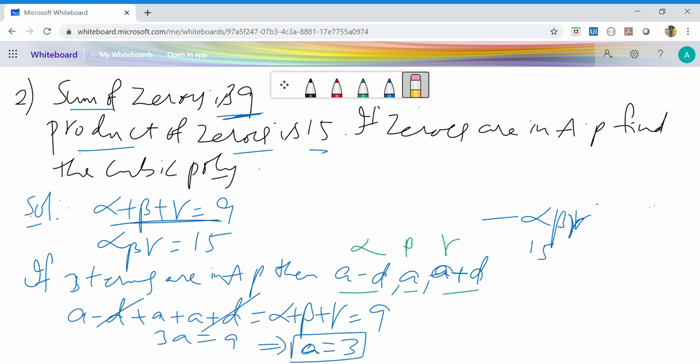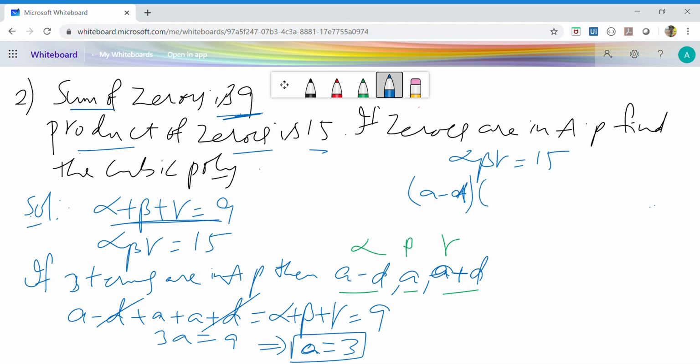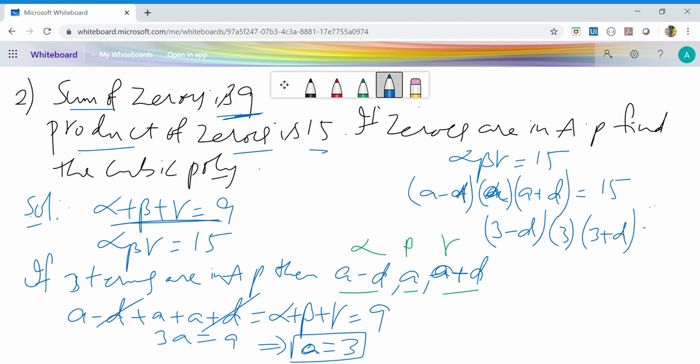After that, what do you still have to find? Alpha beta gamma is equal to 15, they have given. Alpha is A minus D, beta is A, gamma is A plus D, equal to 15. In that, you substitute A: 3 minus D into 3 into 3 plus D is equal to 15.